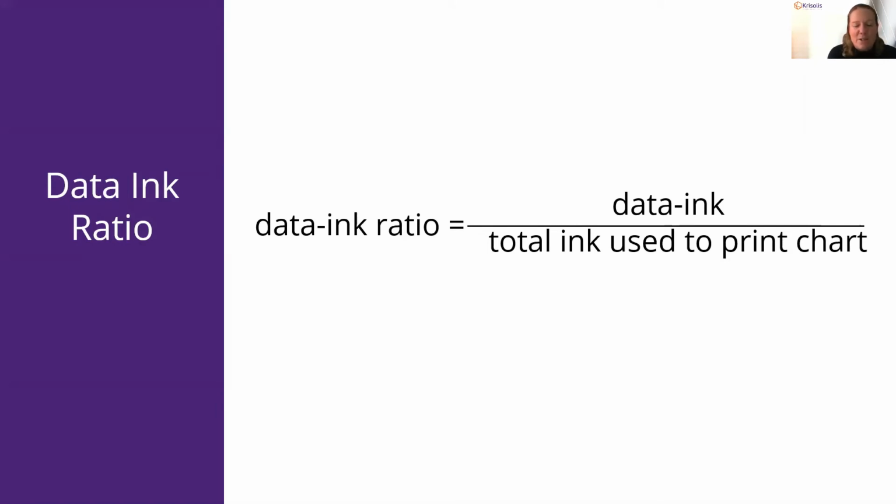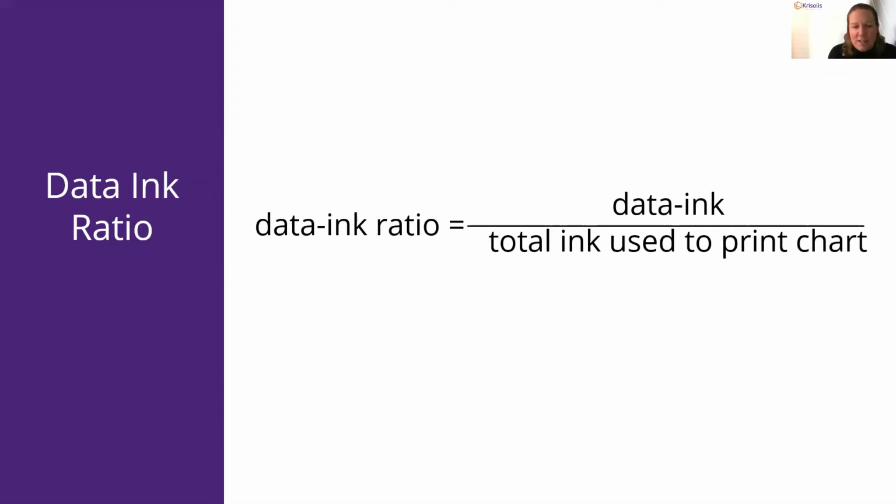Data ink is the amount of ink in a chart that represents actual information over the total ink in the chart. His concept is that this ratio should be as high as possible, so the ink representing actual information should make up the lion's share of the ink on the chart.